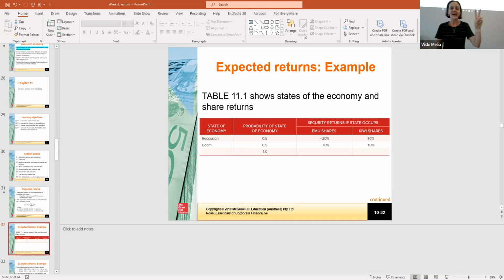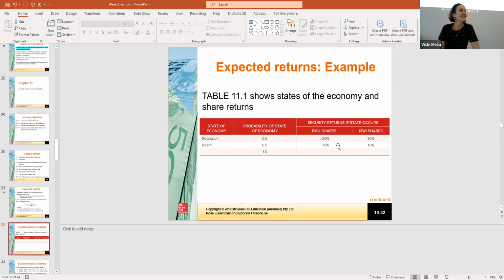Two possible states and the probability of each one happening. So there's a 50% probability the economy will be in recession and a 50% probability the economy will be in boom. So two states, and we need to know how likely is it each of those states will happen.